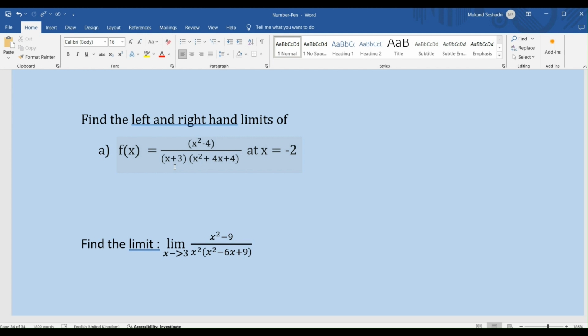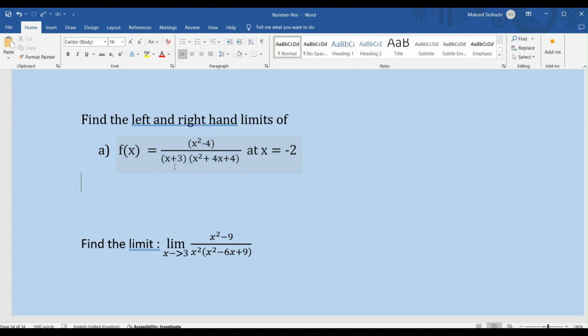And we know that when we've been asked to calculate the left hand and the right hand limits, we'll have to figure out the limit at a particular point, x equals minus 2 in this case. So the left hand limit would mean a value which is lesser than minus 2, which is minus 2 minus h.